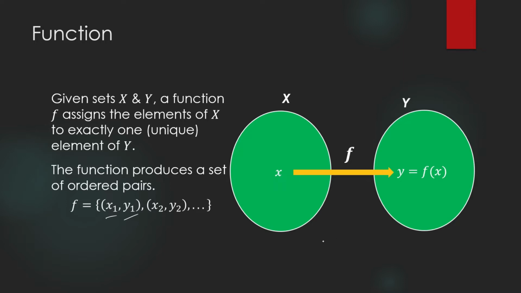And so this is the diagram of what is taking place in a function. We have set x and x has elements. We are going to pair it to exactly one element y in set y. Y is sometimes called the image of x under f.